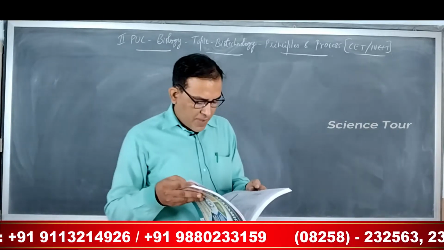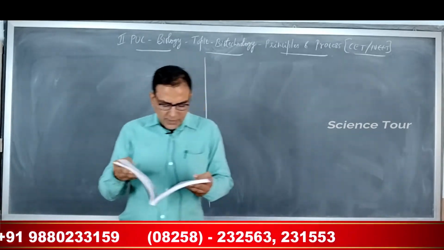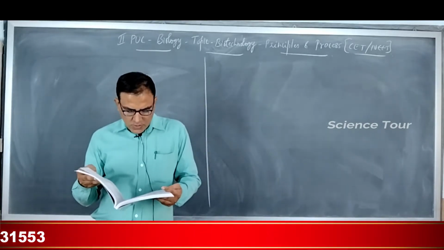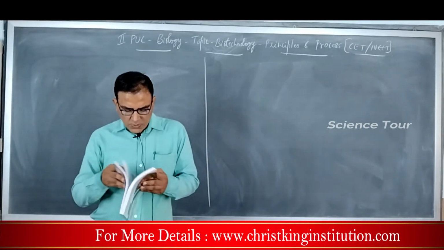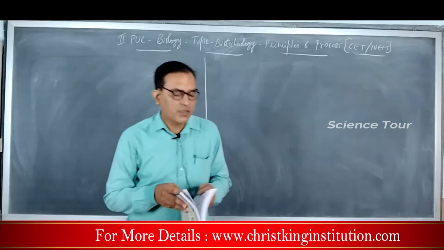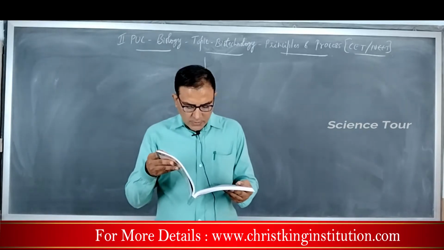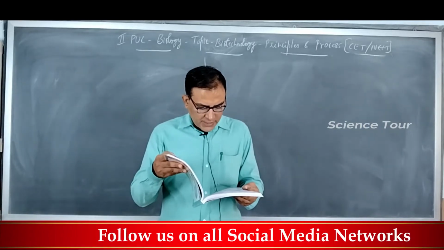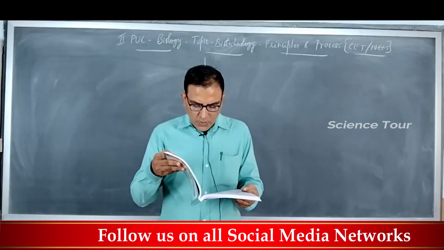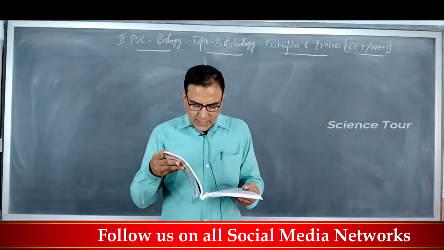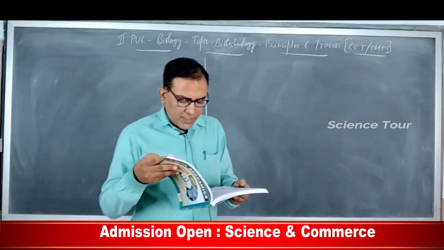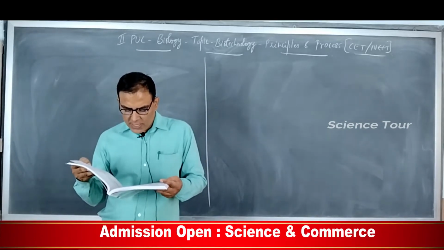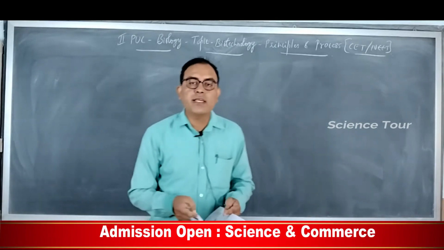Question number 2, match column 1 with column 2 and choose the correct option. HindII is a restriction enzyme, pBR322 is a cloning vector, GATTC is a recognition sequence, and ampicillin R is the antibiotic resistance gene. So the right answer is option 3.